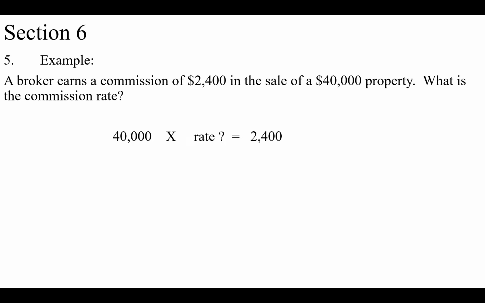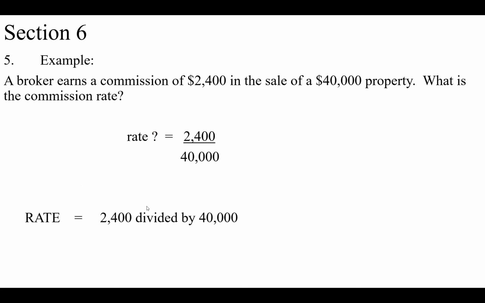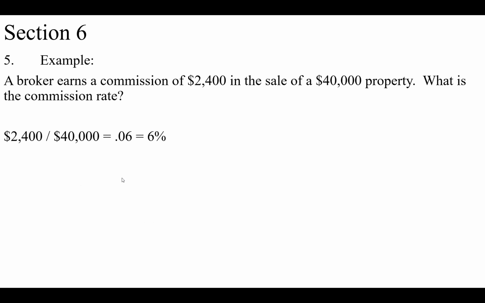So that would be 2,400 divided by 40,000 would give us the rate. And the answer is 6%. 0.06, we multiply it by 100 to change it to a percent. The commission rate is 6%.